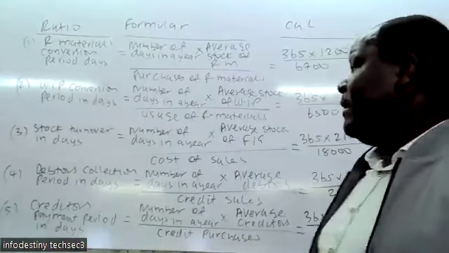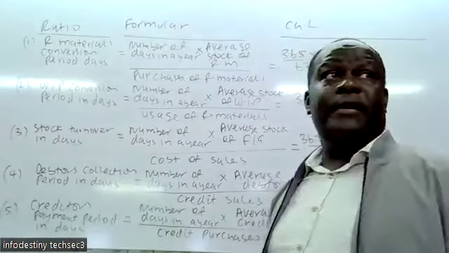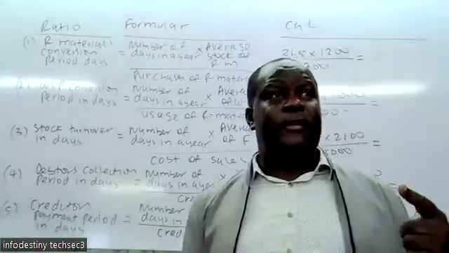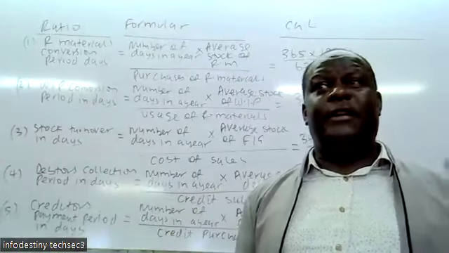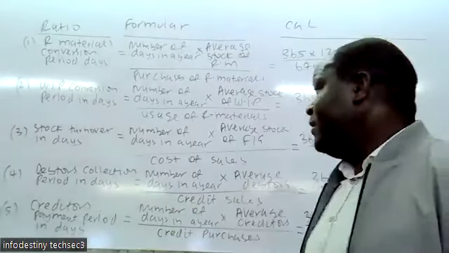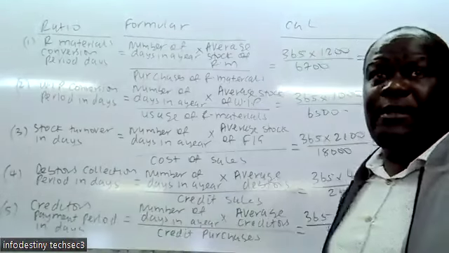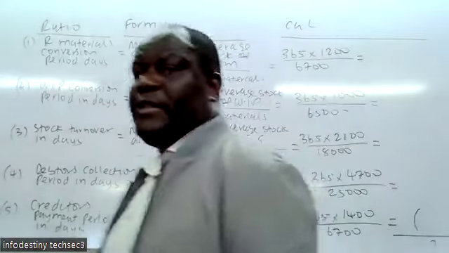So that is the same as creditors payment period in days. Suppliers are our creditors. So this time around in the question, this one has been given. They gave you 16 days.